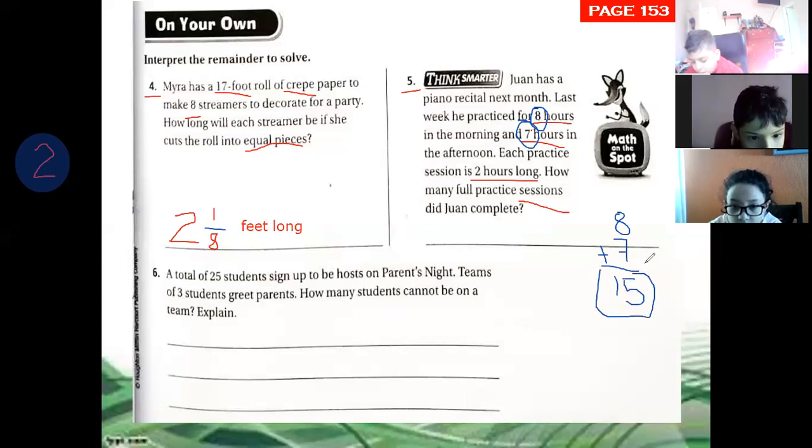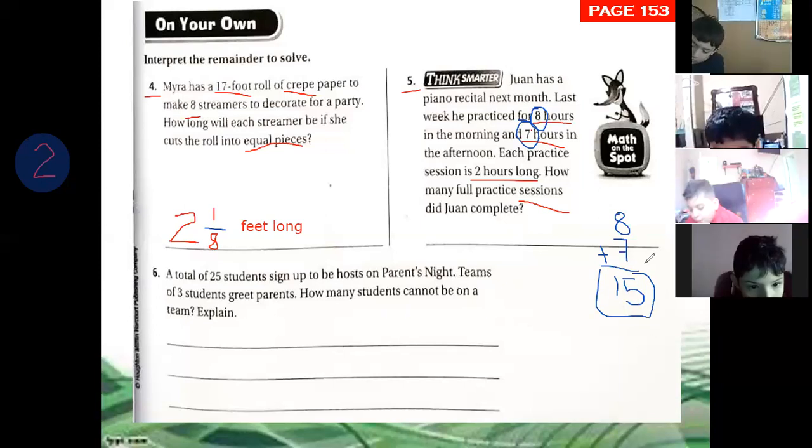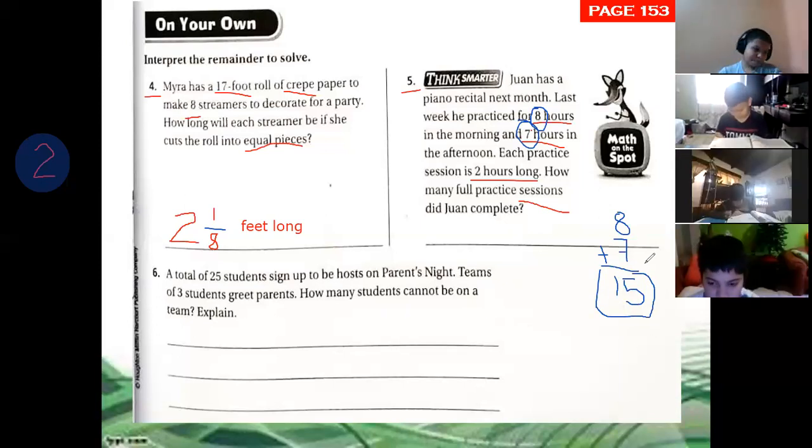Now we know the total number of hours Juan practiced last week.